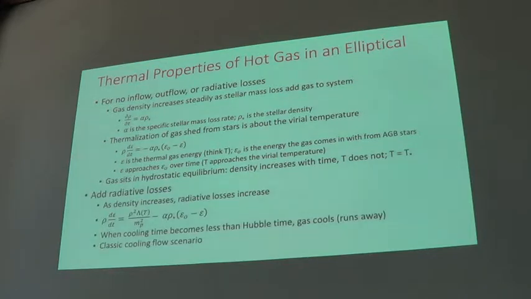So I'm not going to go through all this rather pedantic exercise, but just to say that if you had gas without cooling and without supernovae, you can show that the temperature of the hot atmosphere would go to the stellar velocity dispersion temperature, and the gas density would just slowly build up with time. Eventually, it builds up such that the cooling becomes rather important, and that is the classic cooling flow problem.